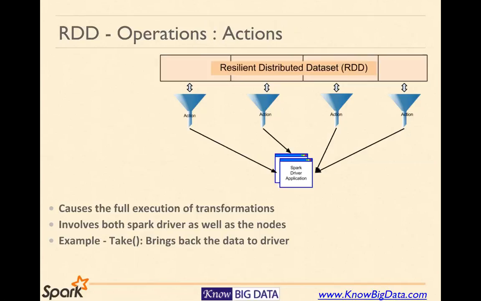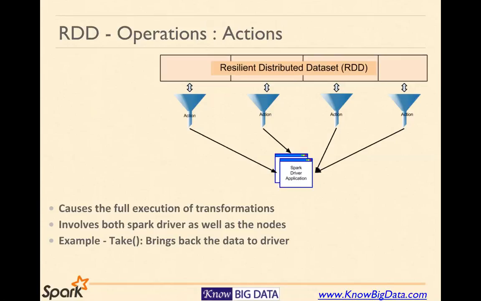Till then, it was just waiting for our orders. It was just building up the RDD, building up the list of things to do. Unless we execute an action, Spark just keeps on making notes of things to do. That is the way it works.